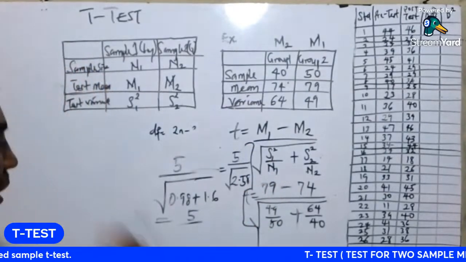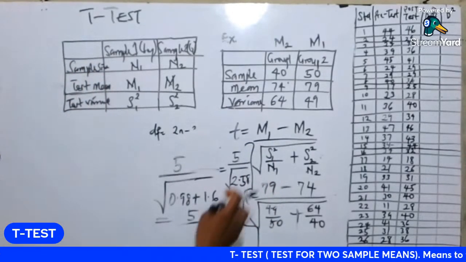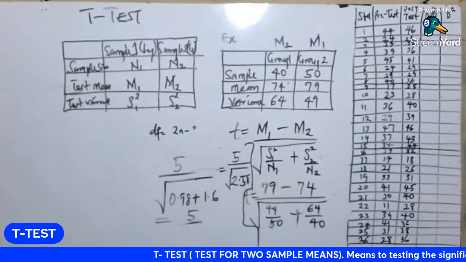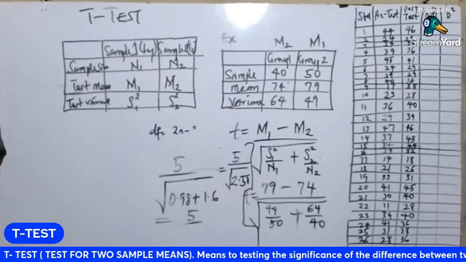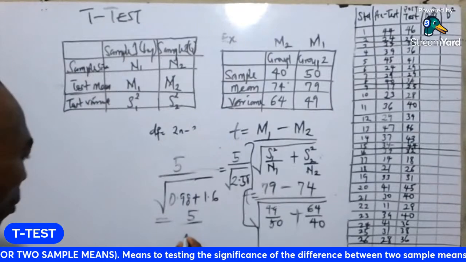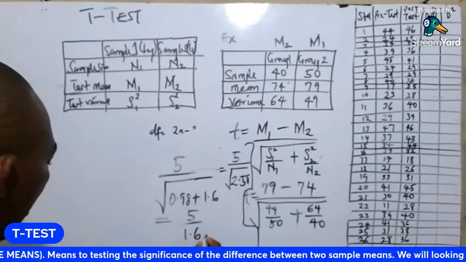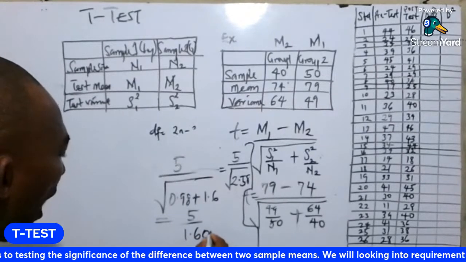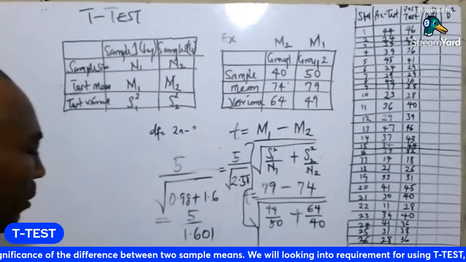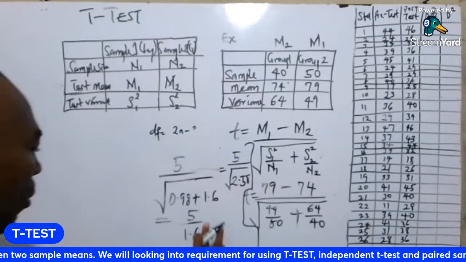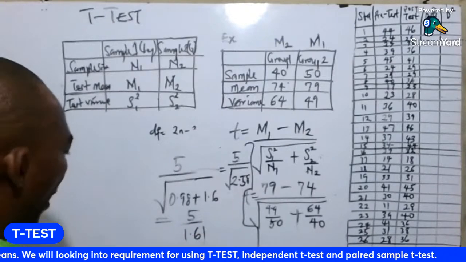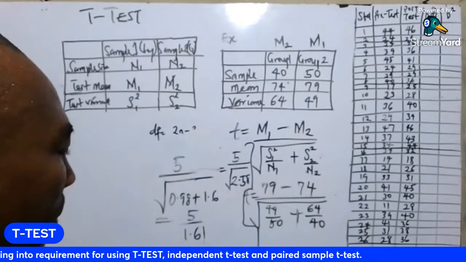So the square root of 2.58 is going to give me 1.601, that means to 3. Okay, let me take it as 1.61. I'm taking that to 2 decimal places.